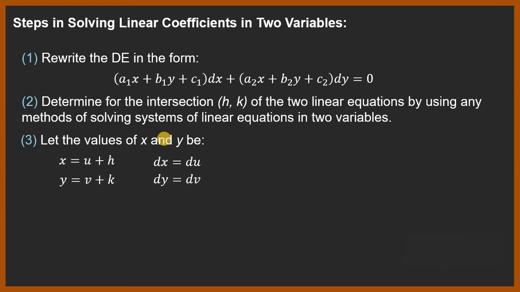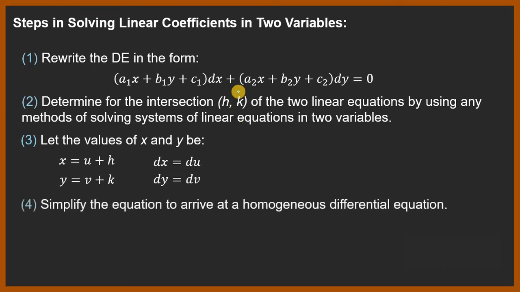When we substitute these values into our original equation, then, as step 4, we can simplify it and the good thing is, we will arrive at a homogeneous differential equation. If you haven't checked that tutorial, I made one about homogeneous equations, and I will put the link in the description.